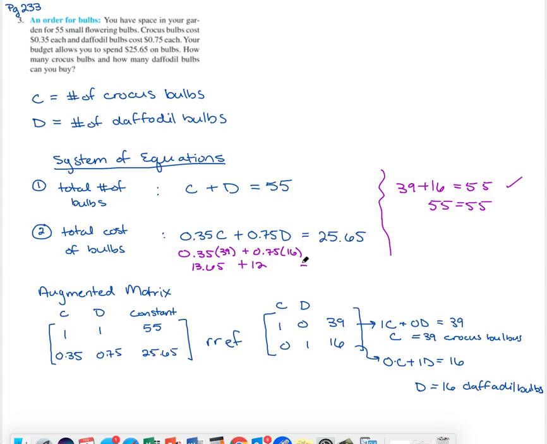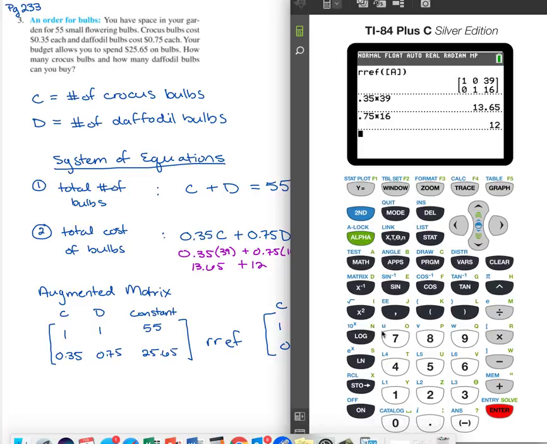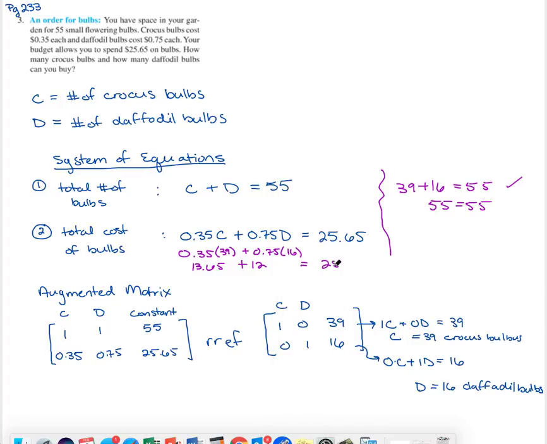All right, and let's check: 12 plus 13.65, does that equal $25.65? And it does, $25.65. So the second equation also checks out, which tells me that my solution is correct. C is 39 and D is 16. That's really fun, right?